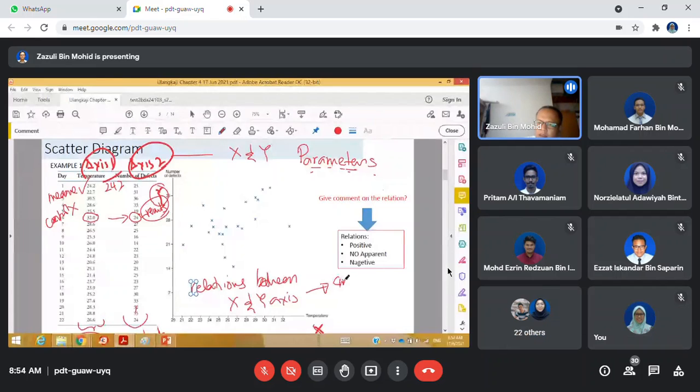Is it a straight line or is it exponential or is it just random? Okay, no relation at all. So the curve also, when we talk about the curve, the value might increase, it can decrease, or we can say there is no relation.